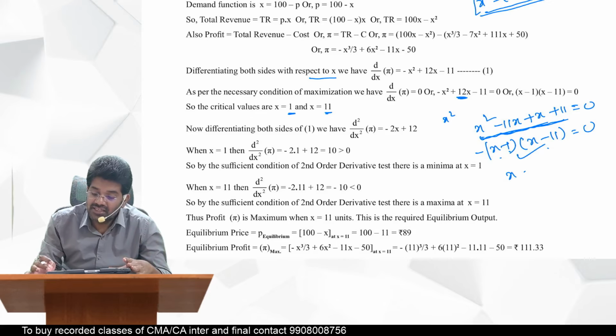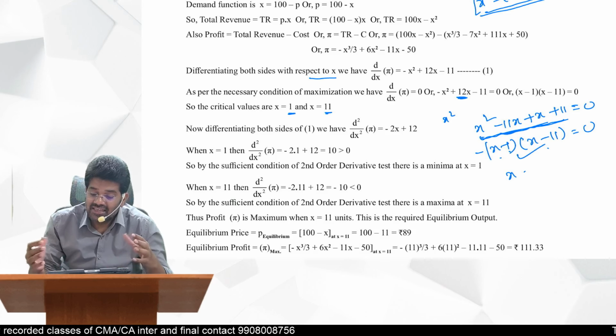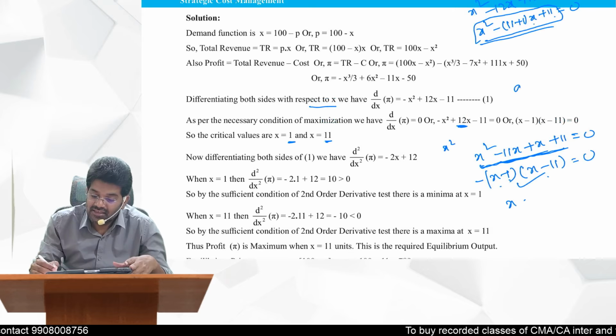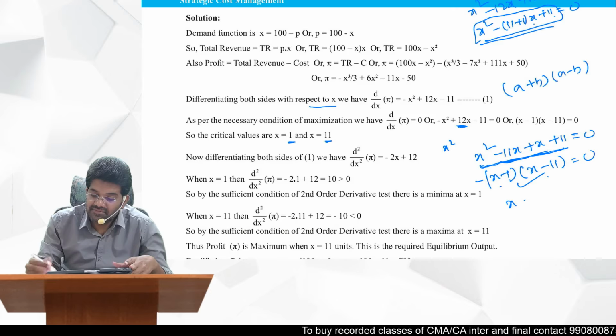Now you might be wondering, sir, without changing this 12 into 11 plus 1, can't you get the answer? The problem is we have x square now, that is the reason. See, (a plus b) into (a minus b), that one we covered here.